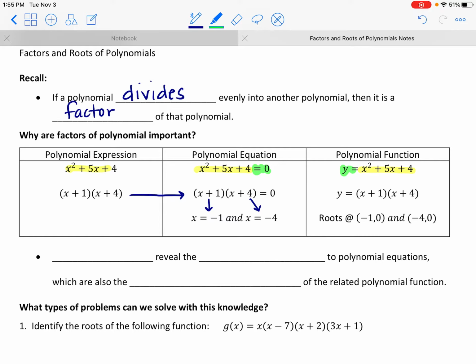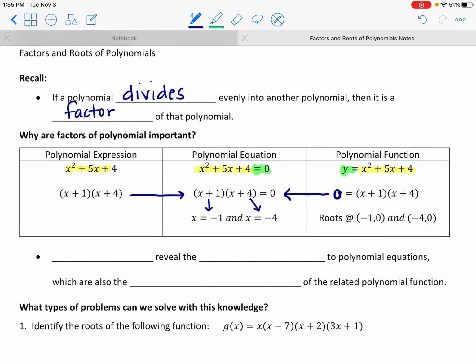And then when we're looking at a function, those solutions are the same, but what they are in terms of a function is where your graph crosses the x-axis. They are the roots. Because when you're looking for an x-intercept, you put a 0 in for y, and you end up with the same equation that we had here.